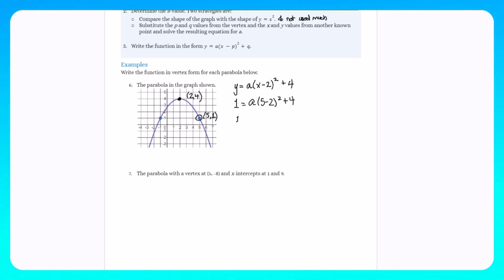So order of operations, brackets first, then exponents. Multiplying, dividing left to right, then adding and subtracting.